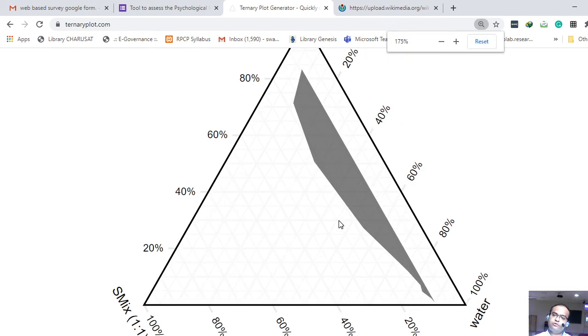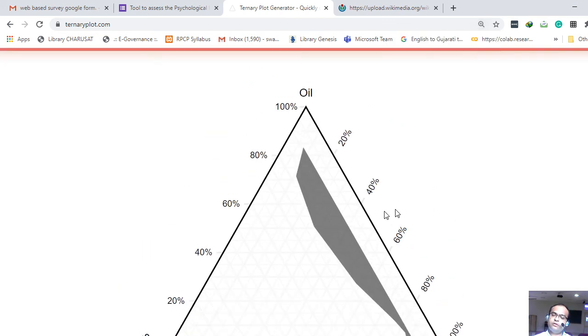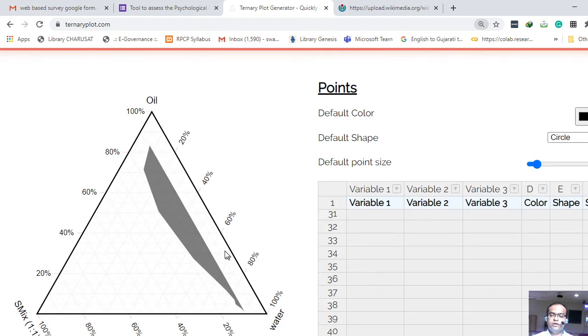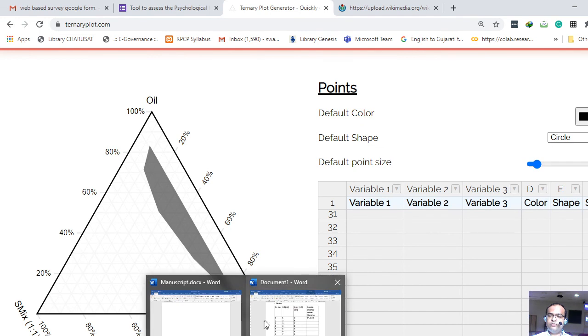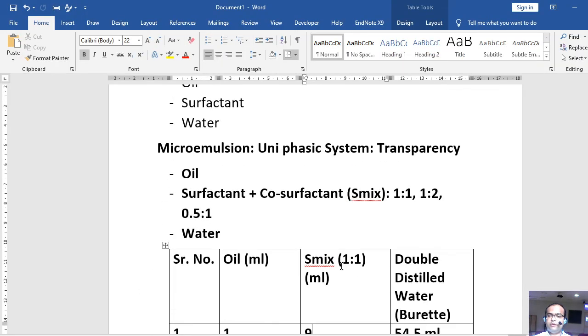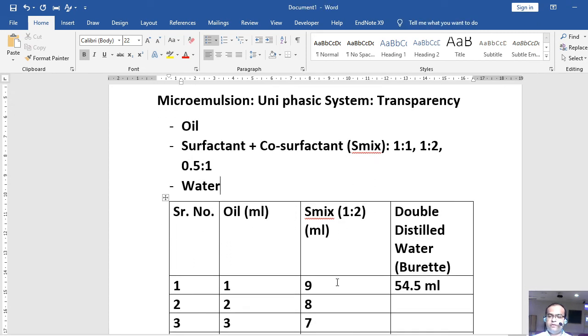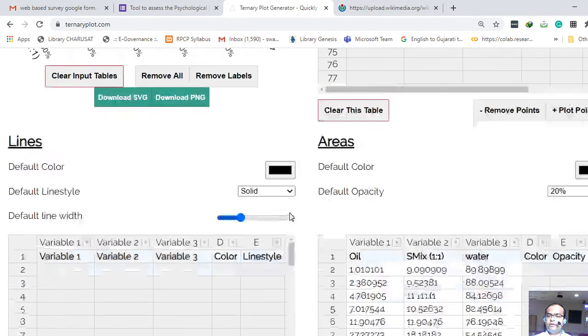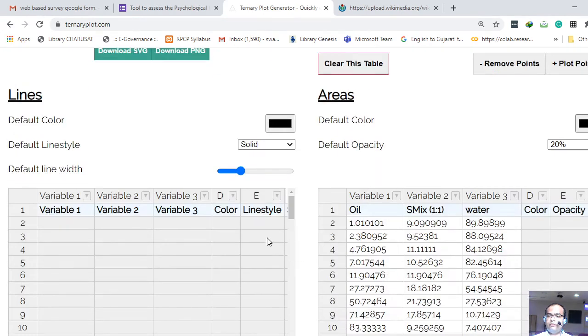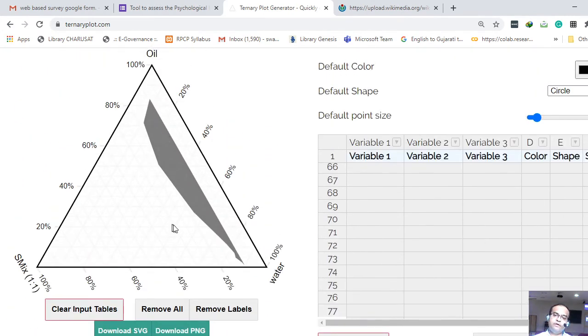Now suppose I want to explore more possible area, because as I said, this is a pseudo ternary phase diagram. So I have to repeat the experiment by just changing the proportion of co-surfactant with surfactant, right? Once I have it, it might have different data, and based on that data I may get a different region.